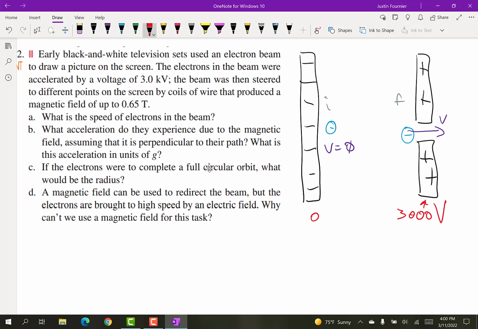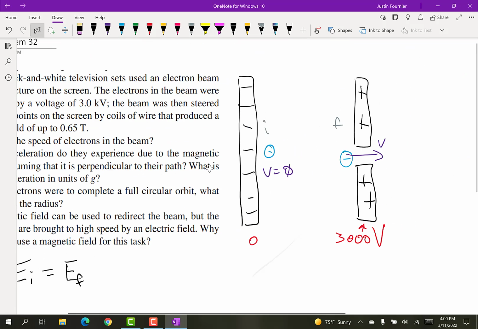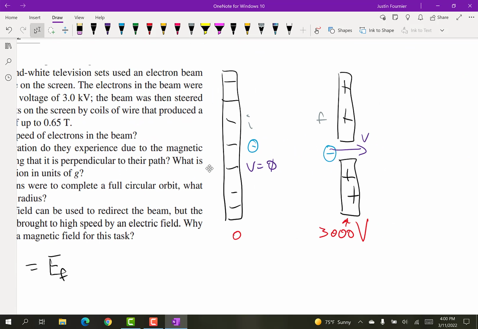So my initial energy is equal to my final energy. I'm going to go about this a little bit of a quicker way. Instead of addressing what my initial and final energies are, I'm just going to say, well, what type of energies are being changed here?